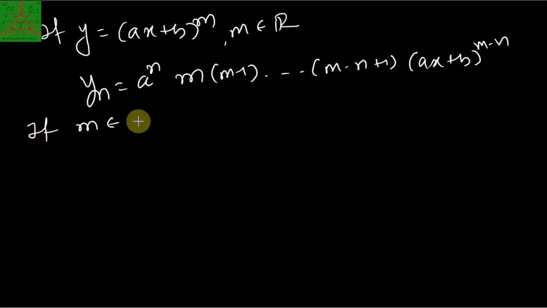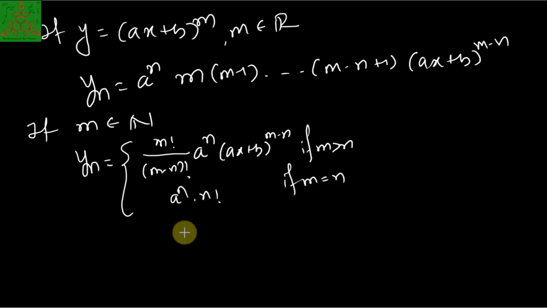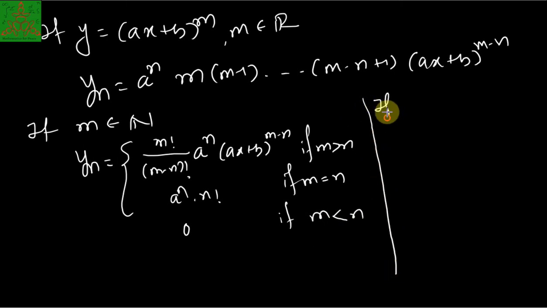If m is a natural number, then yn is m factorial upon m minus n factorial, a power n (ax plus b) power m minus n if m is bigger than n. It is a power n into n factorial if m equals n, and 0 if m is less than n.